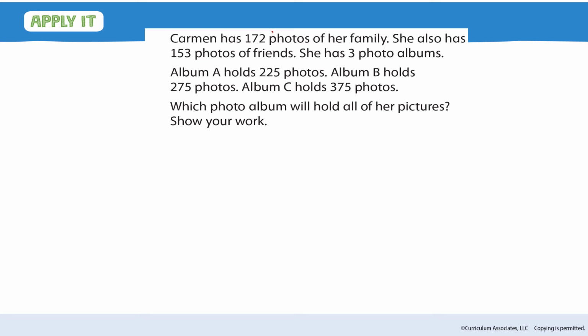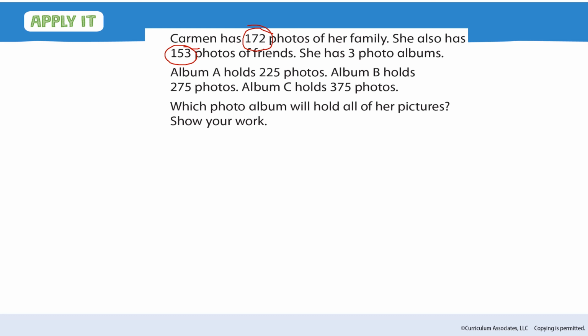172 photos of family, and she has 153 photos of friends.